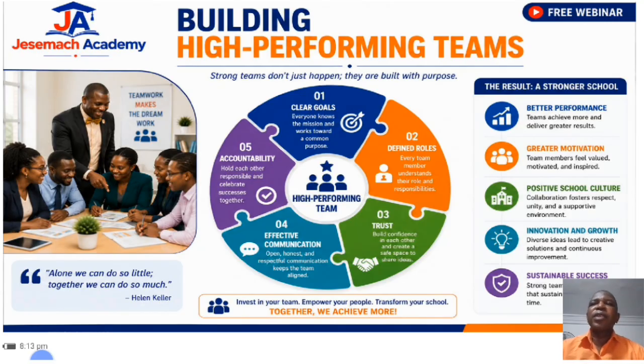And if for any reason the task is not achieved, you must have somebody to hold accountable for it. In a team where you think the person given a task is not doing well, others could quickly join, collaborate together, and help the person out instead of making jest of him. All right. So alone we can do so little, but together we can do so much.